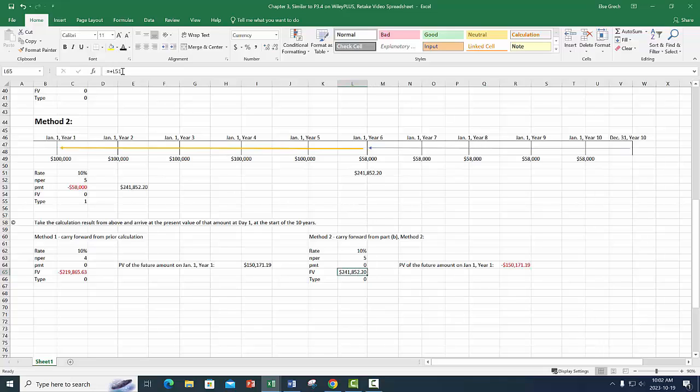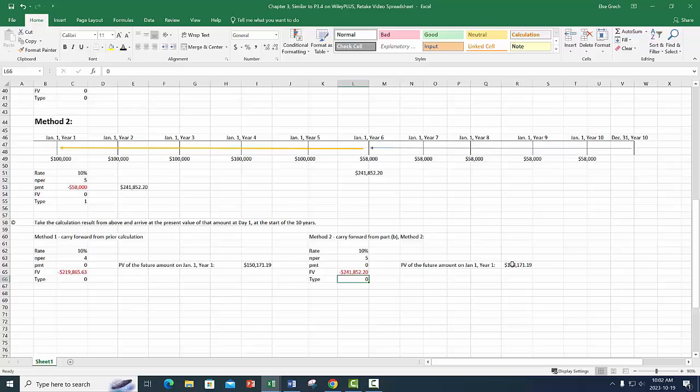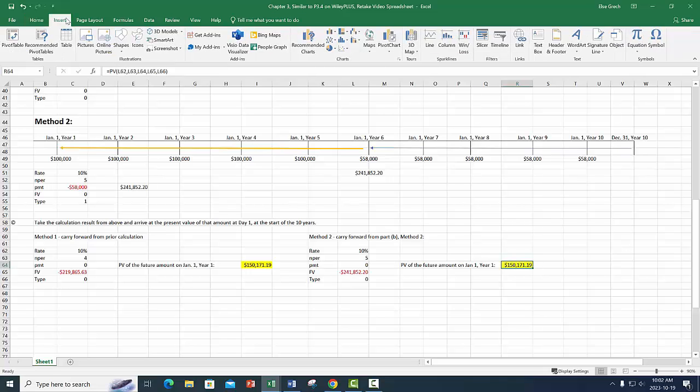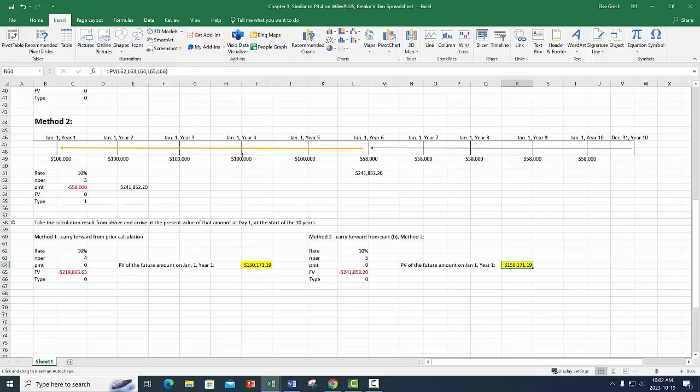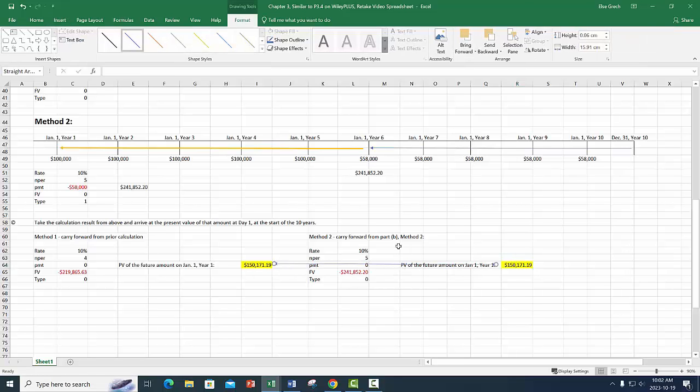I'm just going to multiply this by -1. Look at this. The amount is identical, as it should be. So although we end up doing different things in this interim step right here, the result is identical.